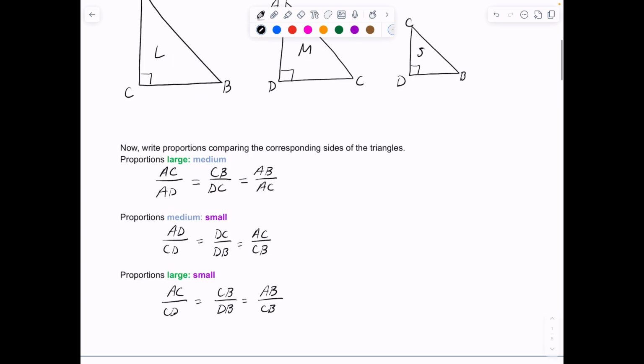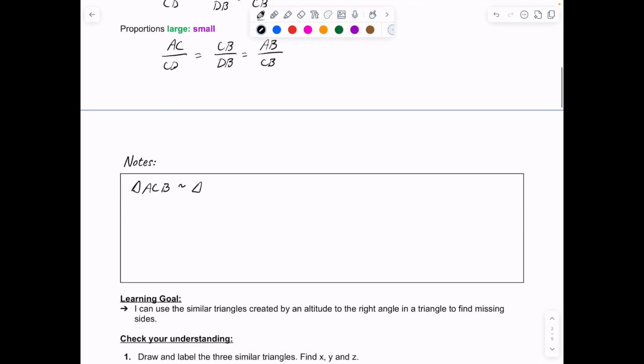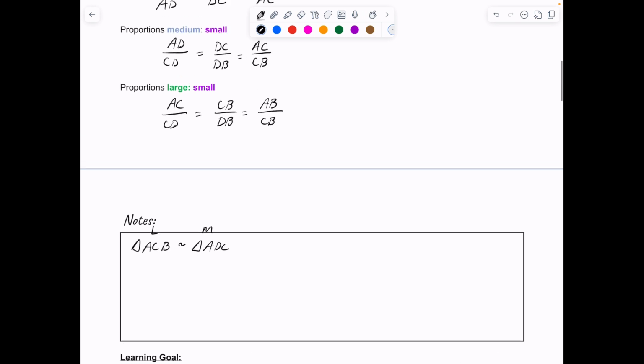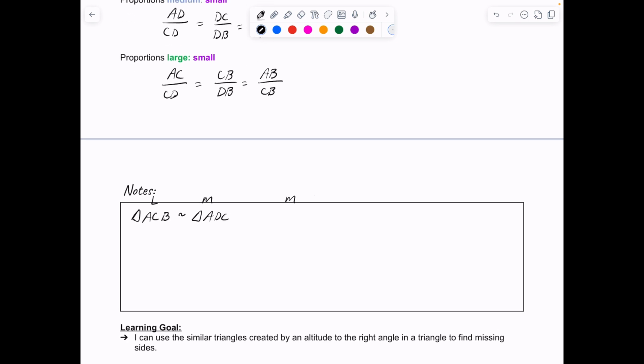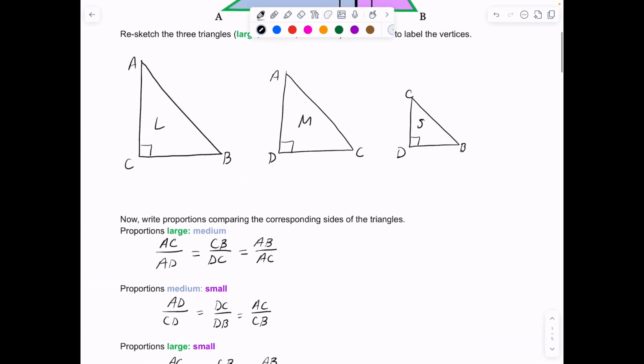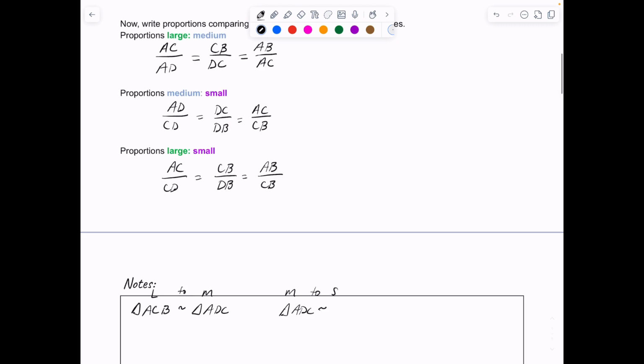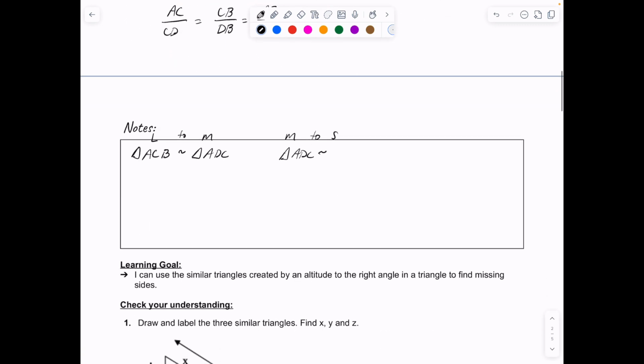That's my large to medium. Then I'll do my medium to small. So that's going to be ADC is similar to triangle CDB.